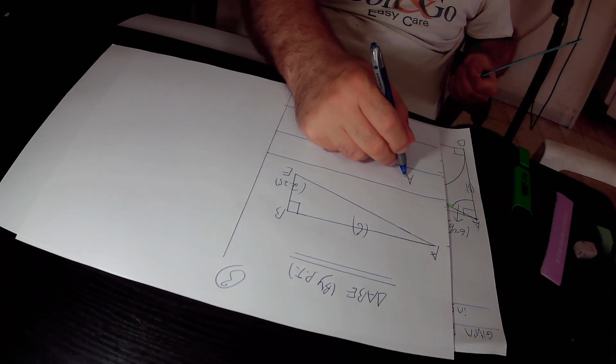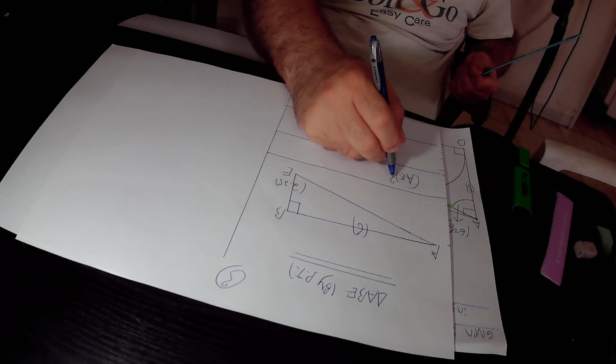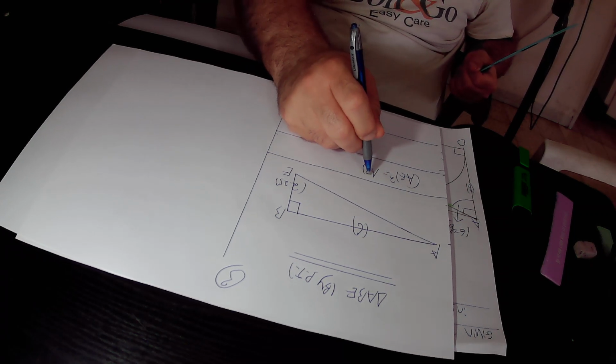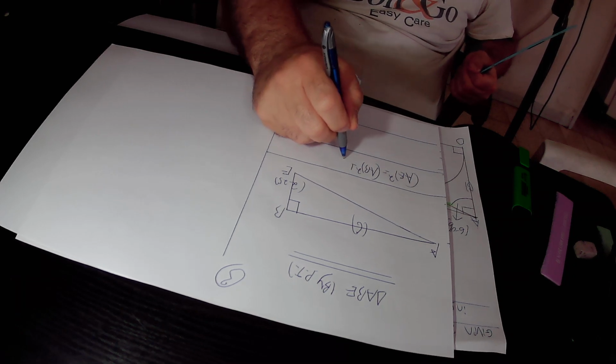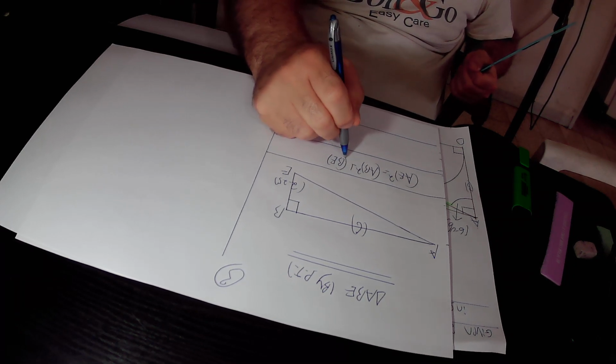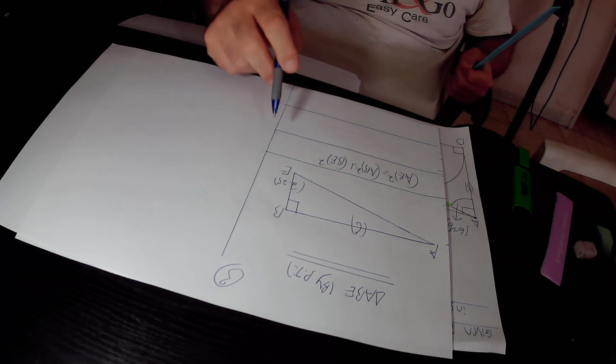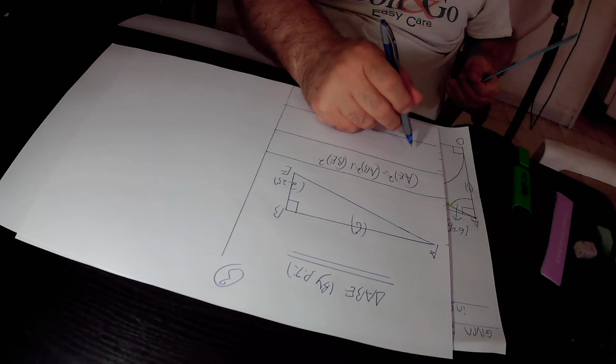So AE squared equals AB squared plus BE squared. AE is the missing side, so we will leave it as it is.